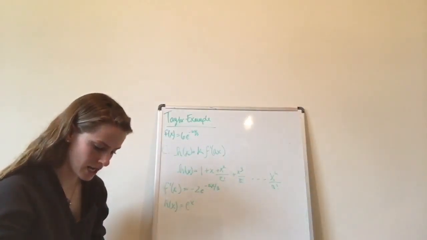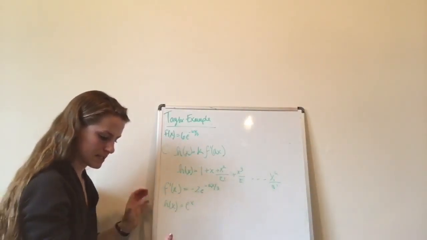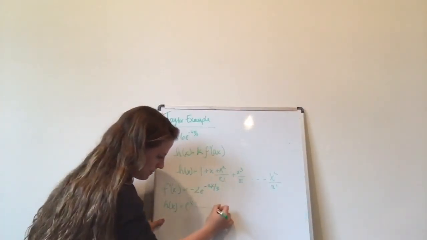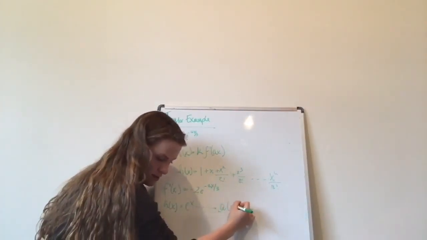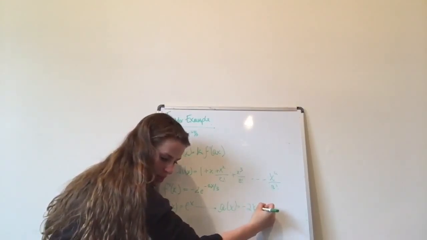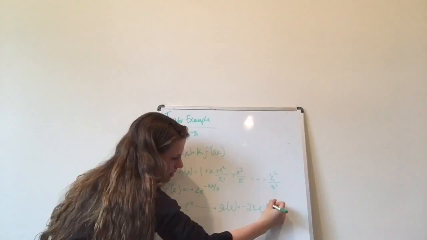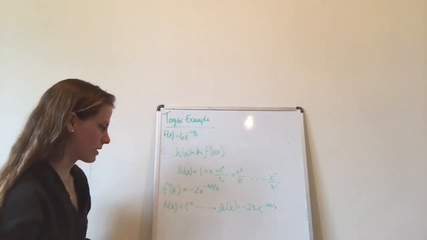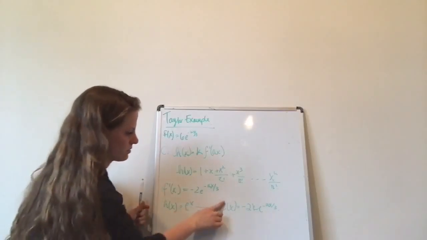So we recognize that, and then once we recognize that, we can plug h of x into it. So we see that h of x equals negative 2k e to the negative ax over 3.